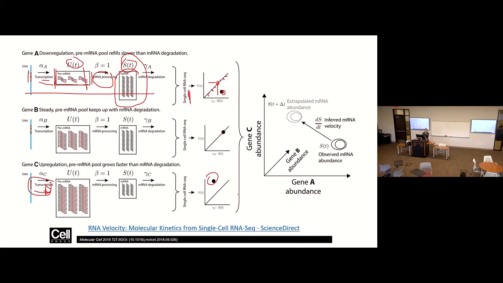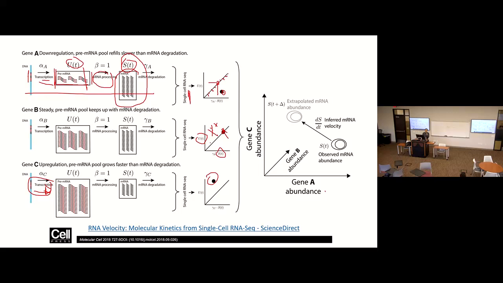So you can do this for the gene for all the cells. If you have these spliced, unspliced counts for one of the genes, you can put, okay, cell number 1 is here, another cell is here, another cell here.